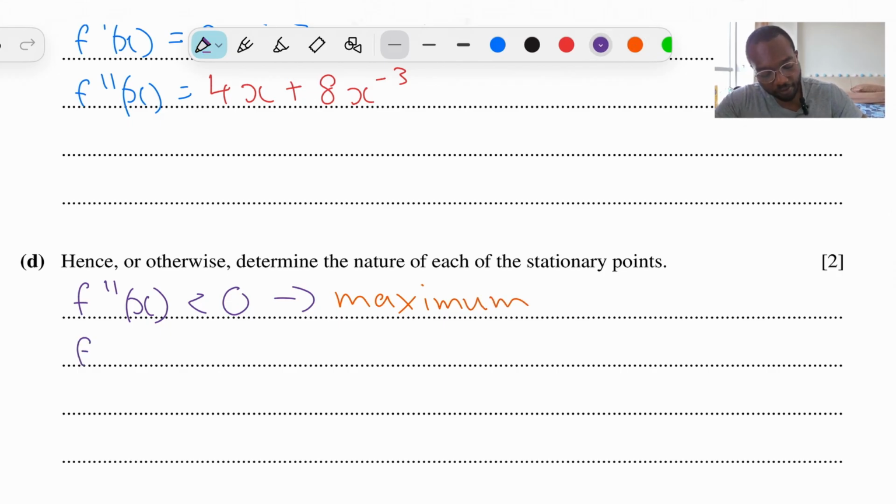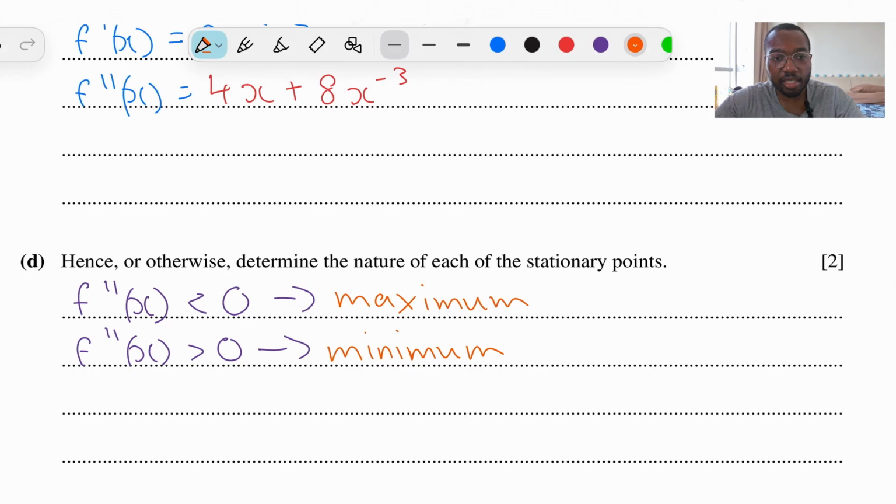And if f dash dash x is greater than 0 at that stationary point, therefore it would be considered a minimum point, okay?